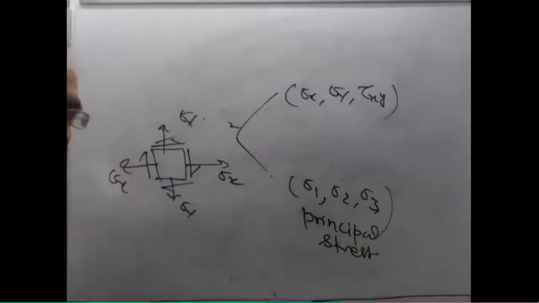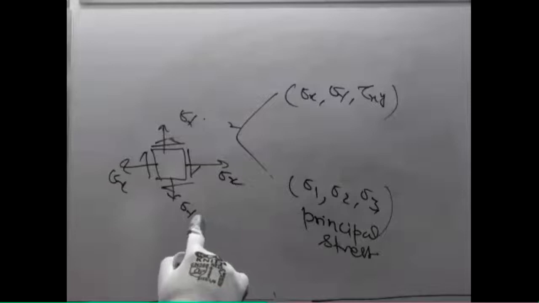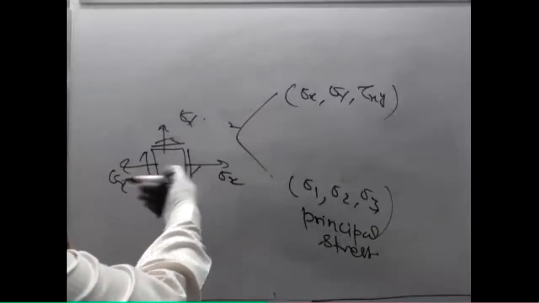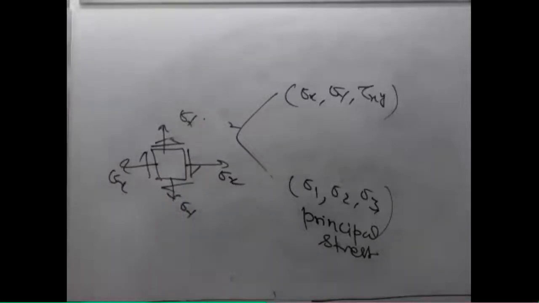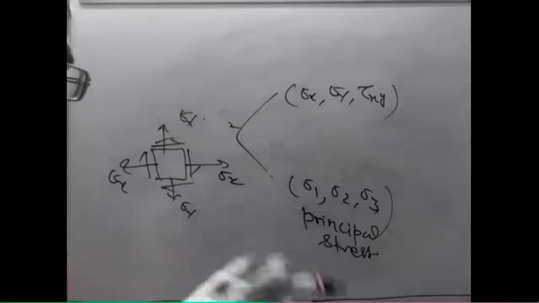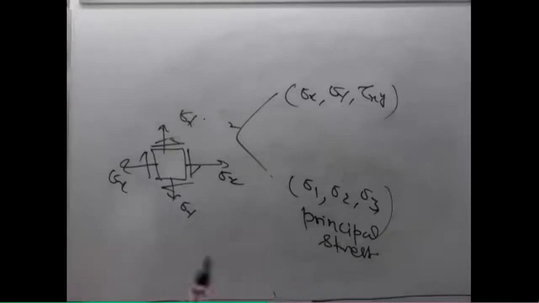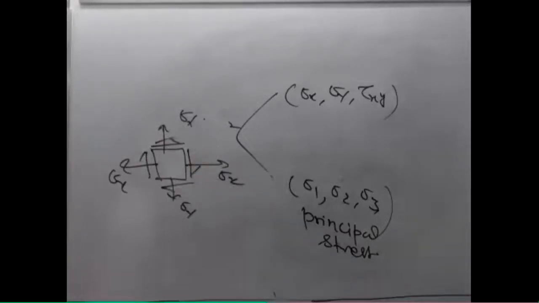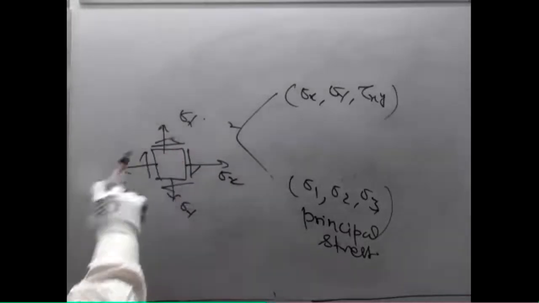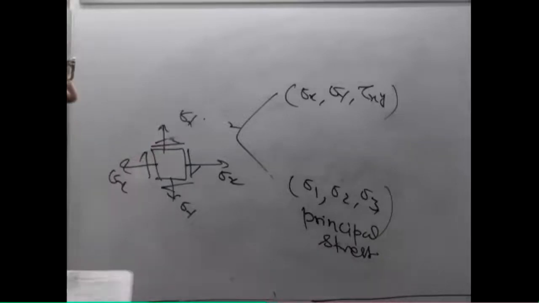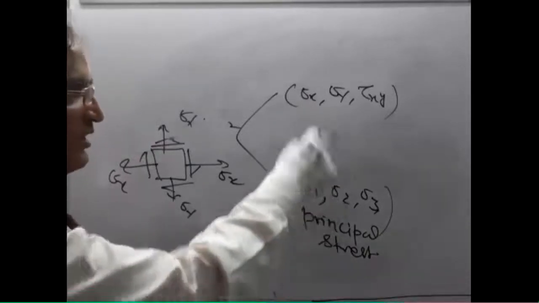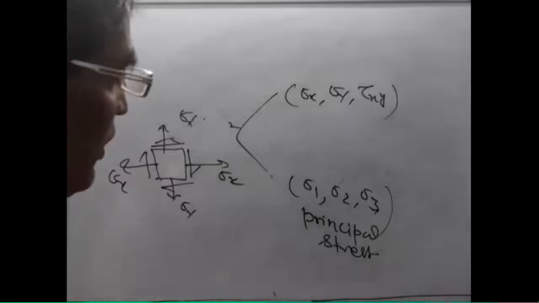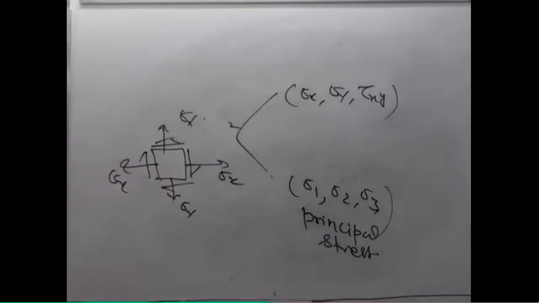As I mentioned, the normal stress always comes as a single pair on opposite faces, but shear stress is always in couples, one acting clockwise and the other anti-clockwise. That's why it is shown on all four faces of this two-dimensional cube. So, what is the meaning of the Mohr circle diagram?